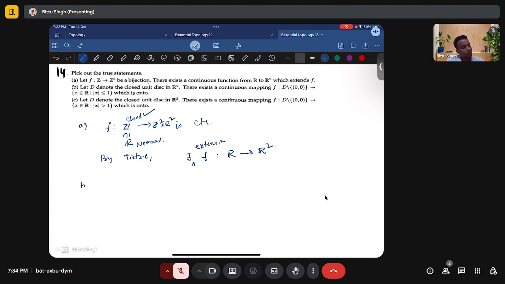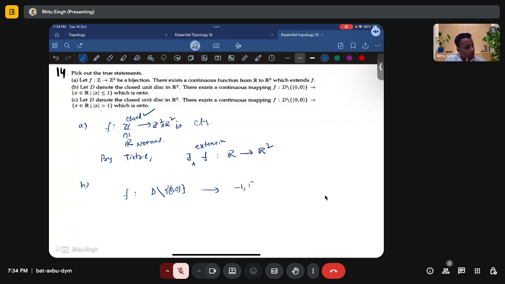This is our A. In this question, D is the closed unit disk, and we need to see if there exists a function from D minus (0,0) to the set of x belongs to R such that mod x less equal to 1.